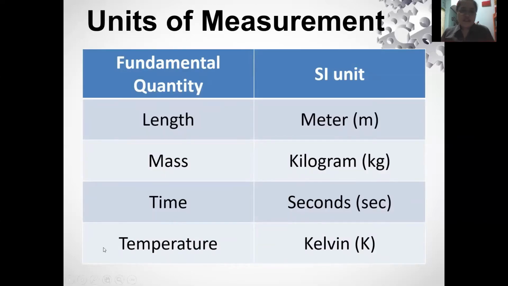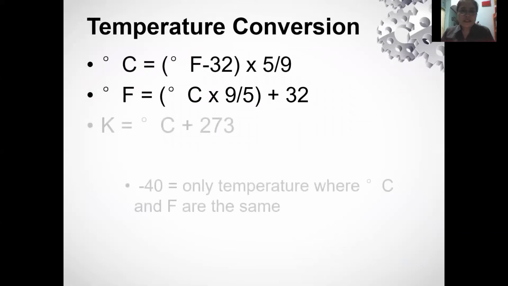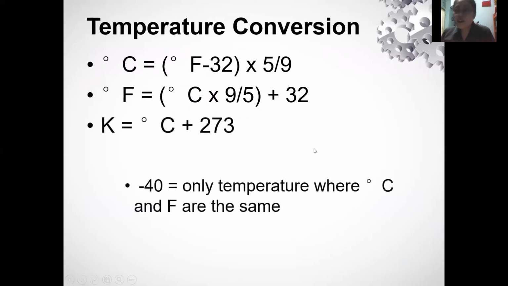You have to remember also about the Kelvin, that is the SI unit, not the Celsius, because it has the absolute zero. So when you say zero for Kelvin, it is really zero, compared to Celsius and Fahrenheit where we have negative measurements. Please be familiar with the conversion also.